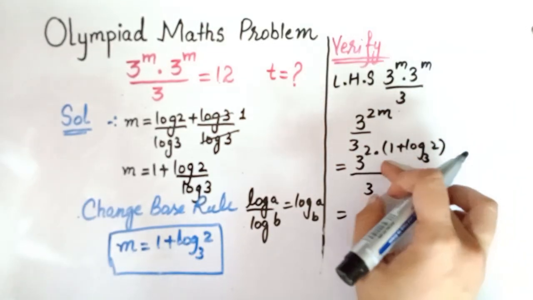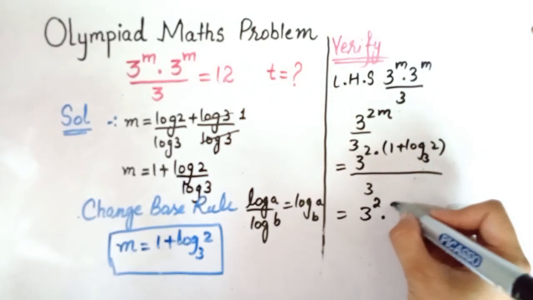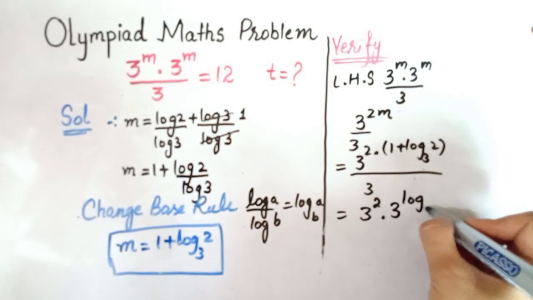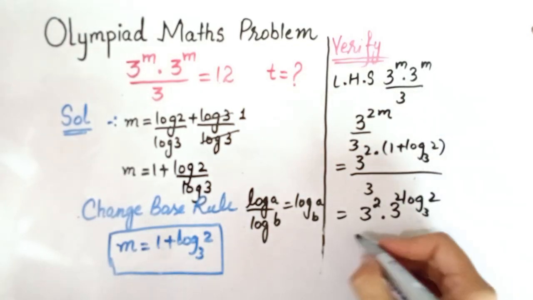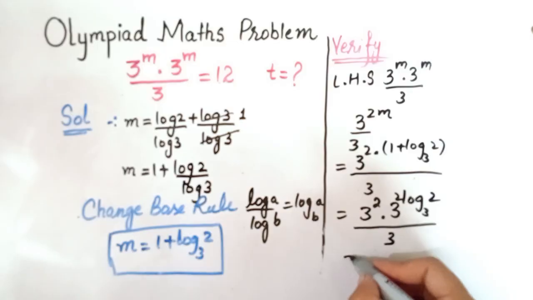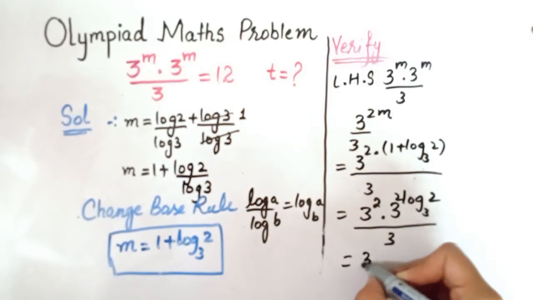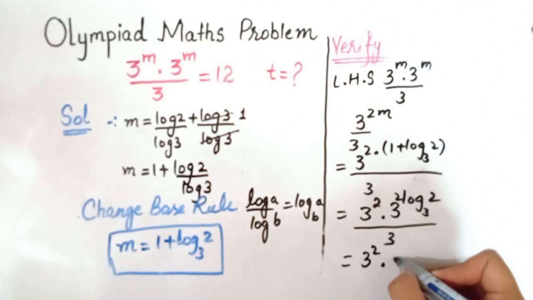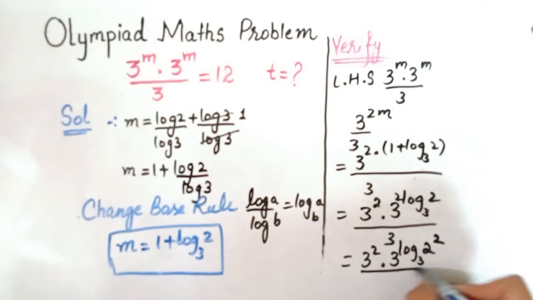So this will be, power will be split, and 3, 2 into 3 log of base 3 and 2. So this is in the power form, and we get 3 square into 3 log base 3 of 2 square divided by 3.